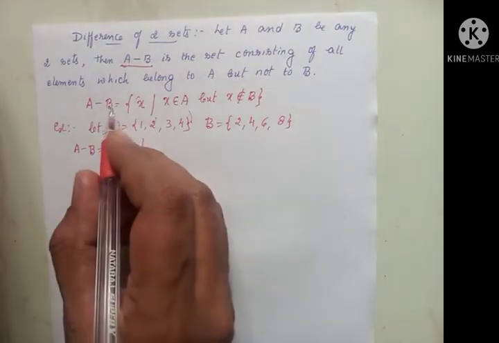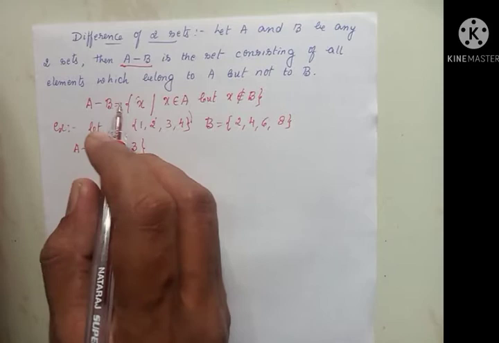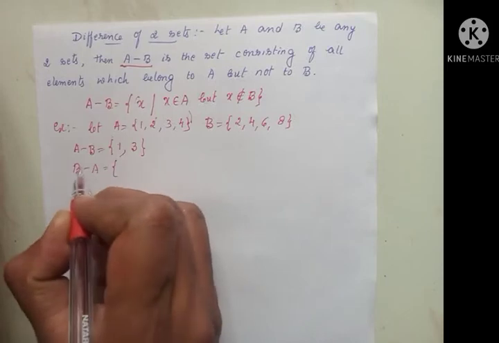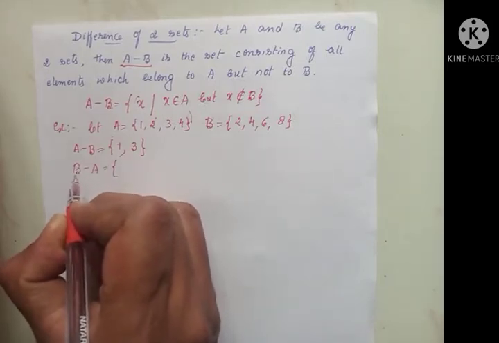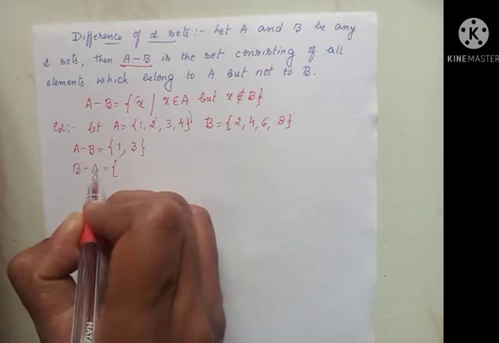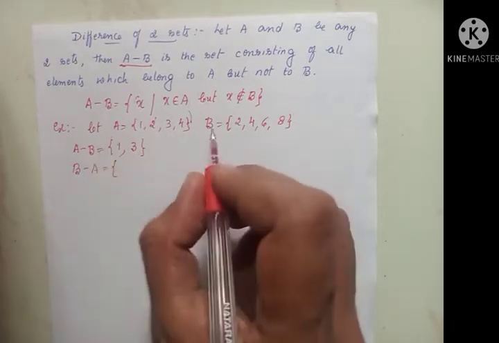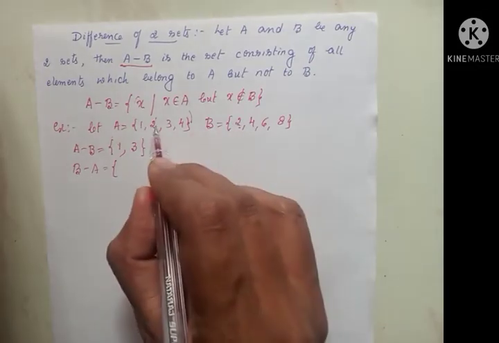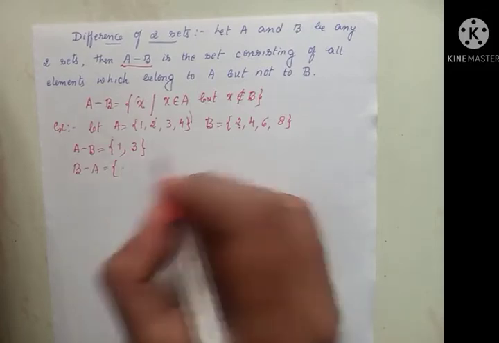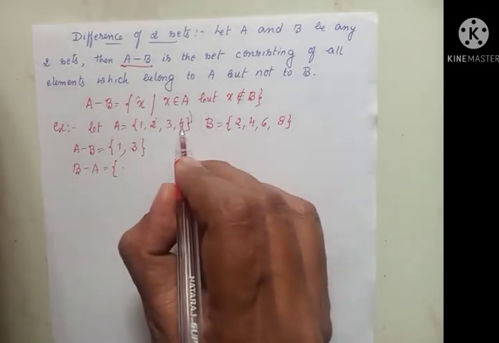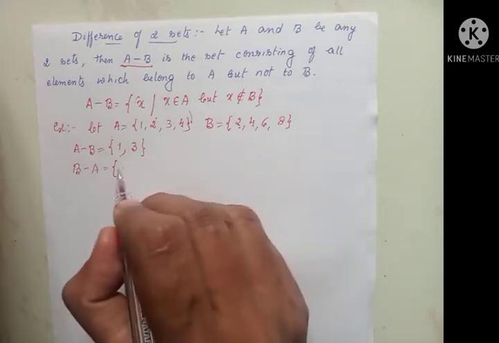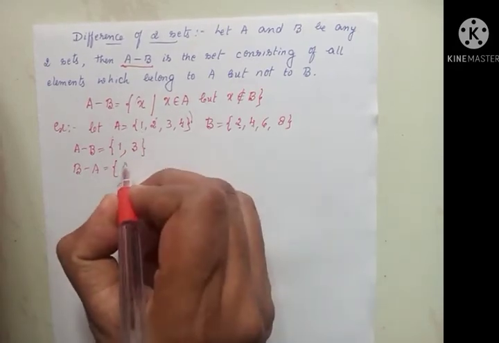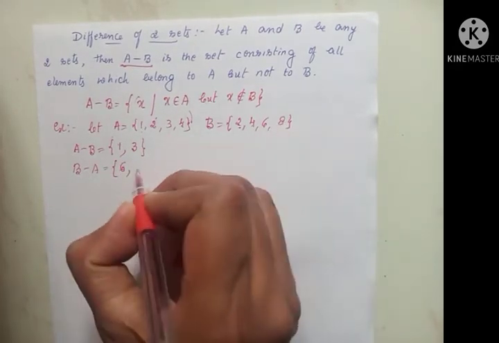Similarly B minus A: B is considered as the first set, A is considered as the second set. So B minus A, by definition, is the collection of all x which belong to the first set B but do not belong to A. So now you have to concentrate on set B. 2 is there in A, so I can't write 2 here. 4 is also an element of A, so this is not an element of the resultant. 6 is not there in A, therefore I can write 6. 8, I can write 8.